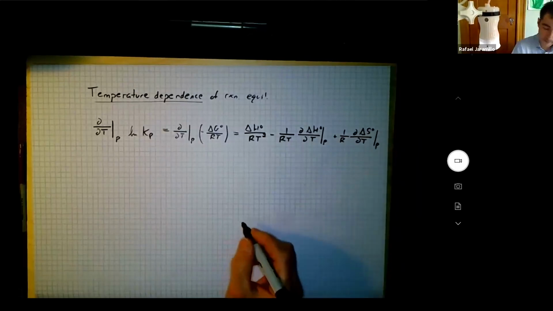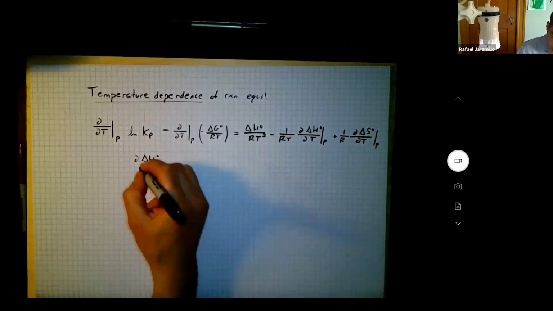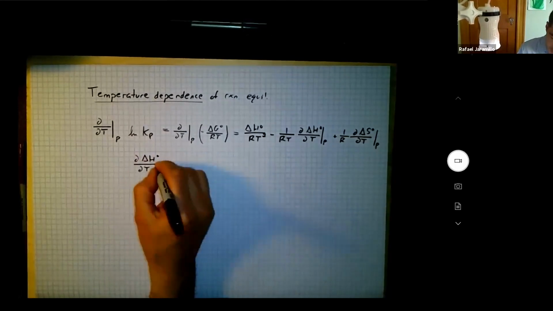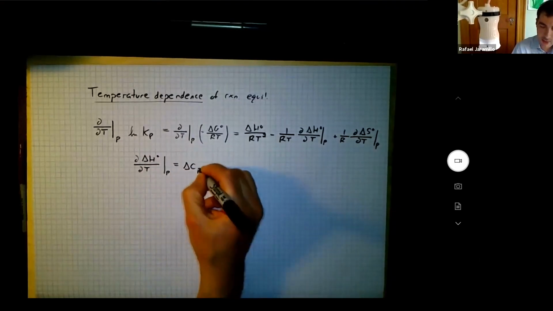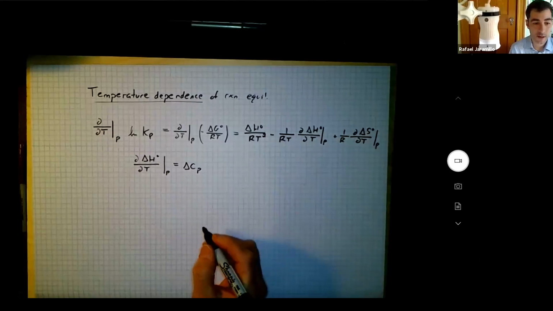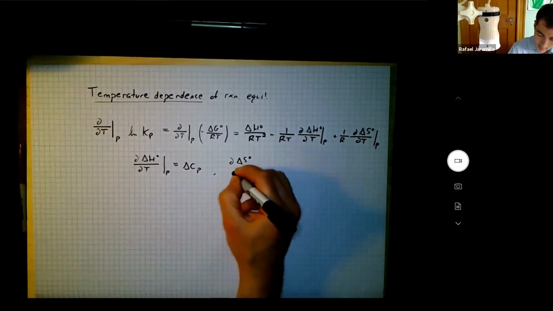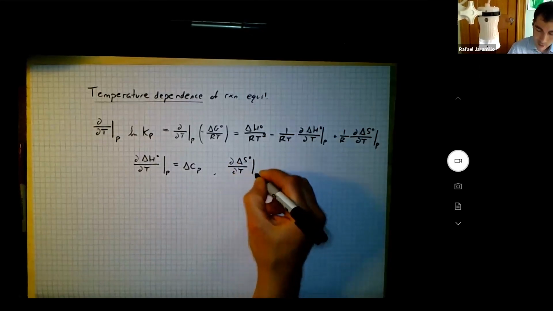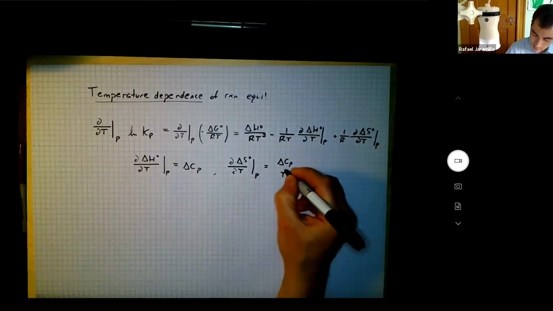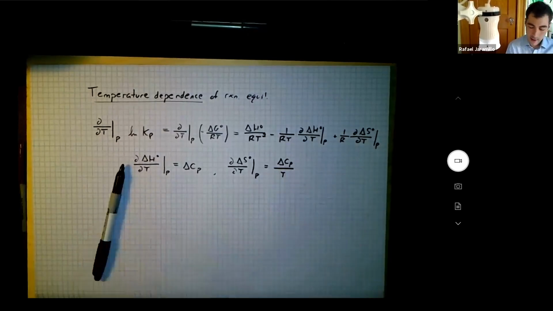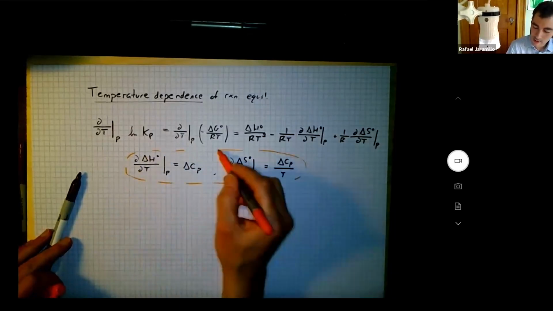So that's just the chain rule. d delta H naught dT at fixed pressure equals delta Cp. Again, coming back to transformation quantities. And d delta S naught dT at fixed pressure equals delta Cp over T. We're relying on this a lot. And you might want to remind yourself of this. You might want to show this just in the minutes after class.